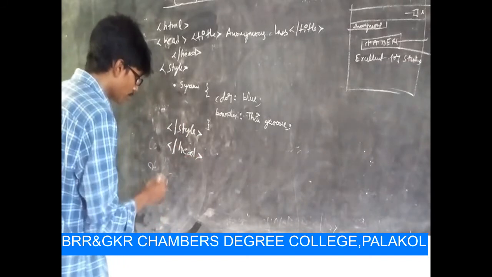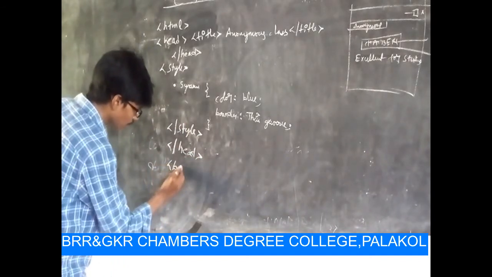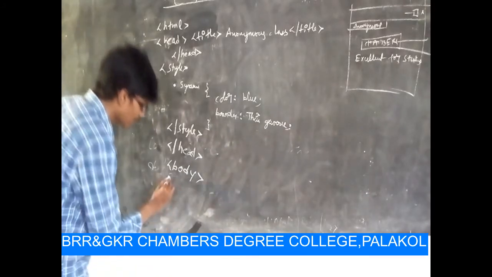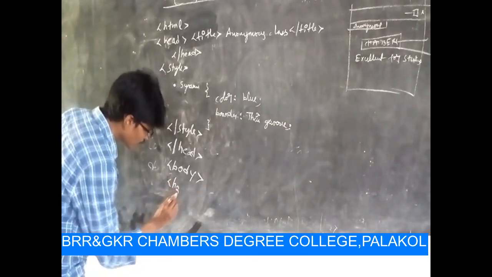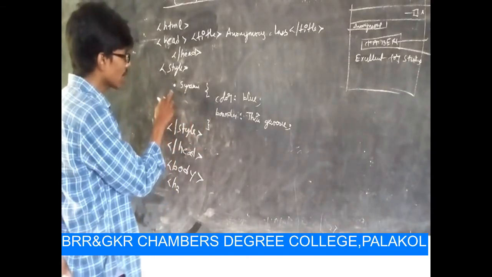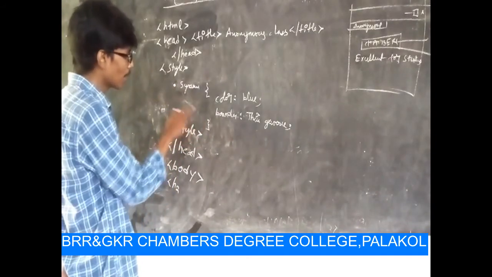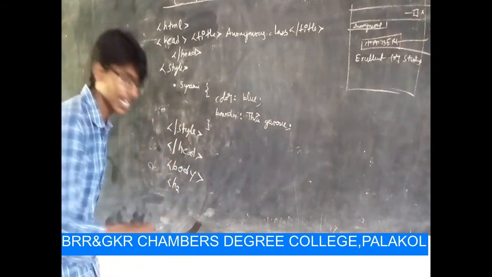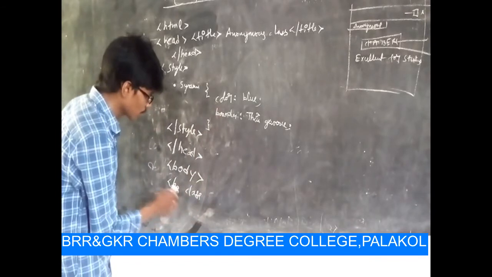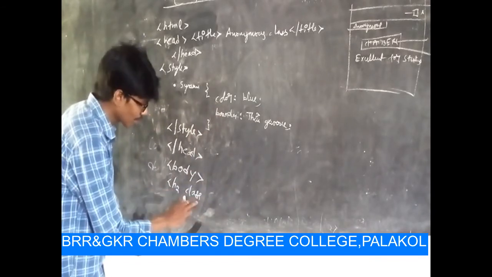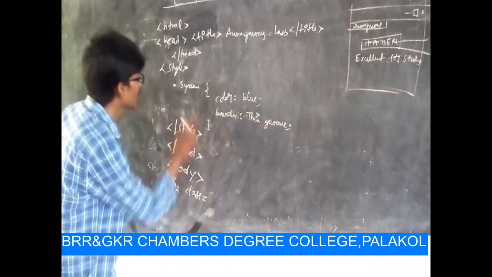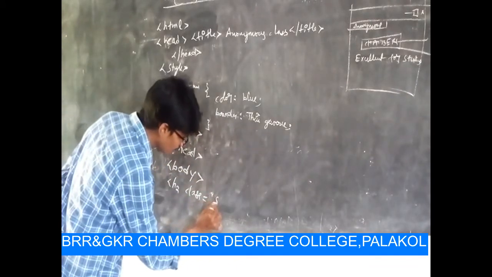After that, open the body. There you open h2. For calling the properties represented earlier in the style part, Sam is the class name. For applying these properties to this element, we call the class name, that is class equal to Sam, with quotation marks.